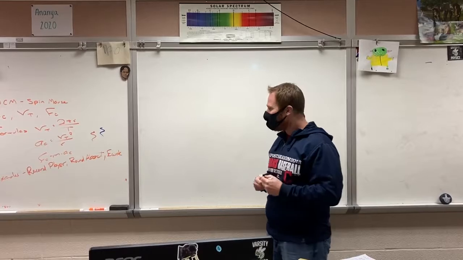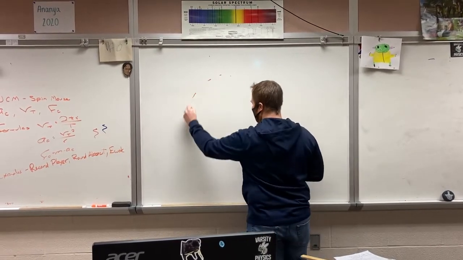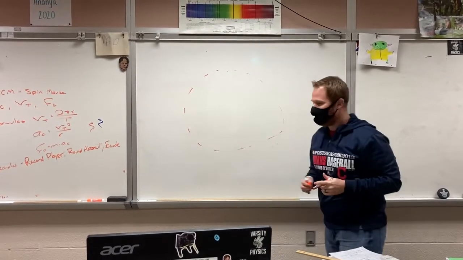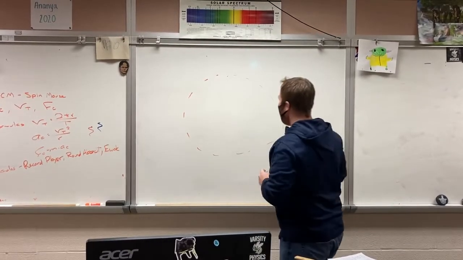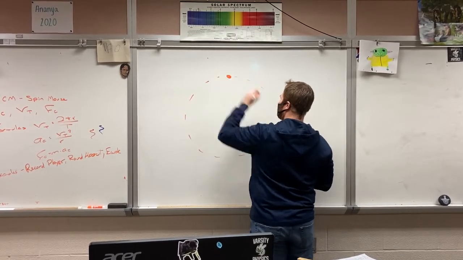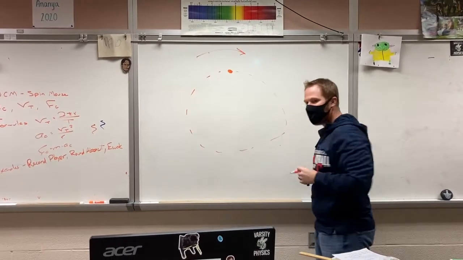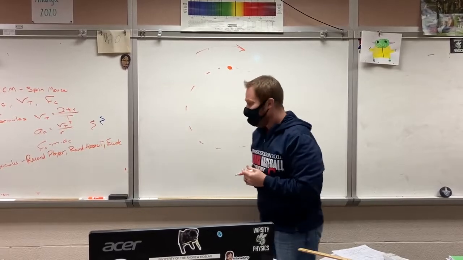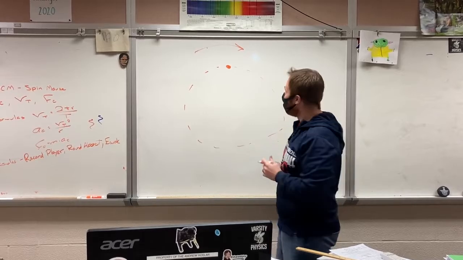So let's talk about the anatomy of uniform circular motion, and not that anatomy stuff with bones and all that. We're just talking a little diagram here. So here's my nice diagram of a circle, not bad by me. Let's say we're going to look at that mouse as though it's at the very top, and I'm spinning that clockwise, around like so. So we have the term tangential velocity, and in math, tangent means it touches a curve at one point, and that's exactly what we have right here.